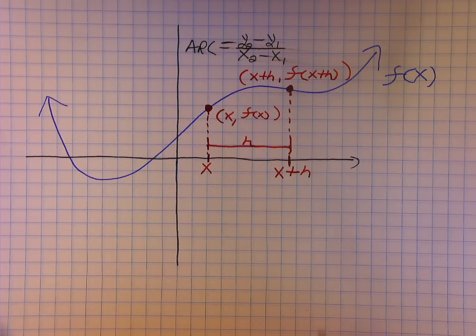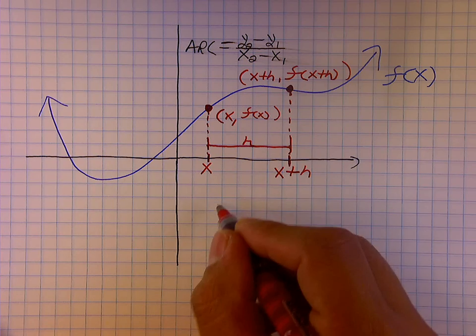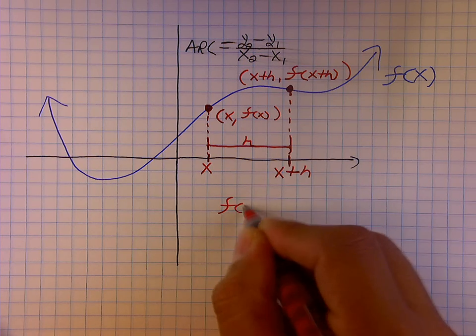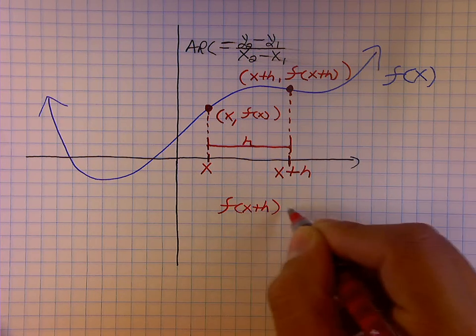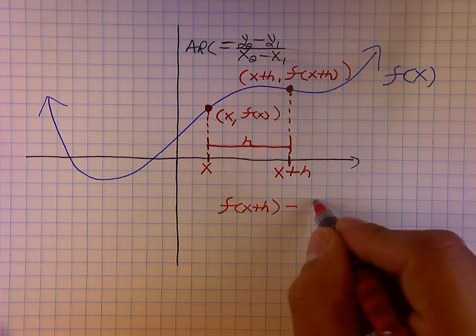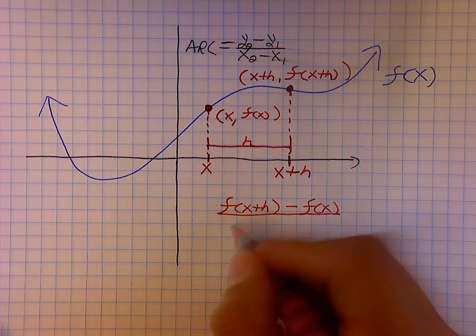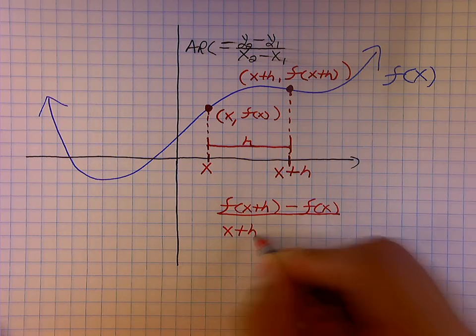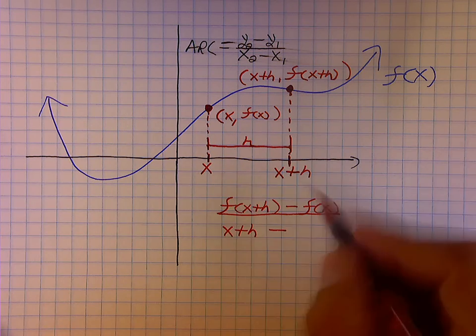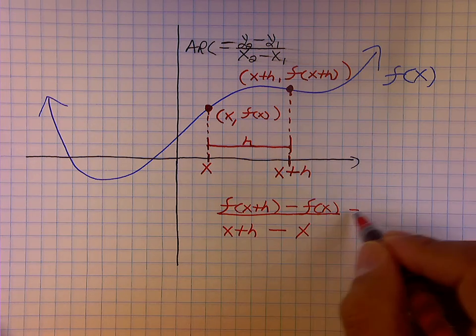Now I'm going to apply the average rate of change formula. I'm going to take y2 minus y1 over x2 minus x1.